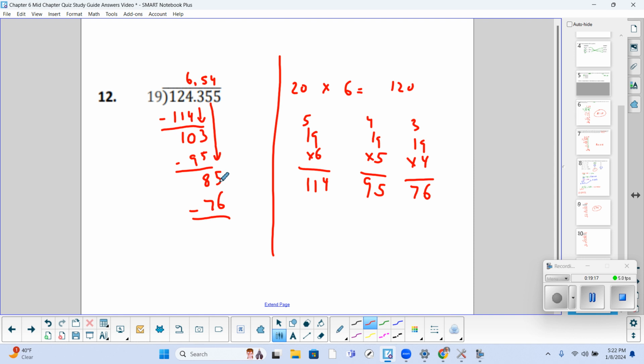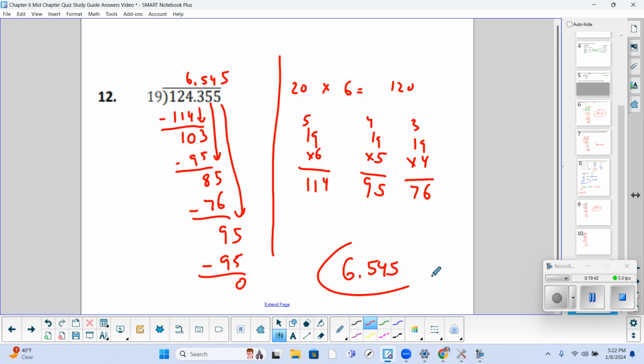My remainder is 9. So I got another decimal place coming to me. Right there, 95. We already know from this step that 5 times 19 is 95. That means there's a 5 right there. My remainder is 0. And there's my answer. It's 6.545. Hope this helped.